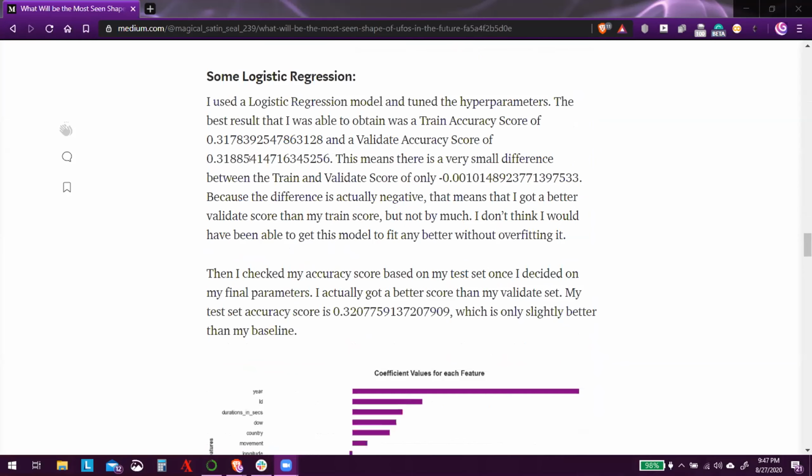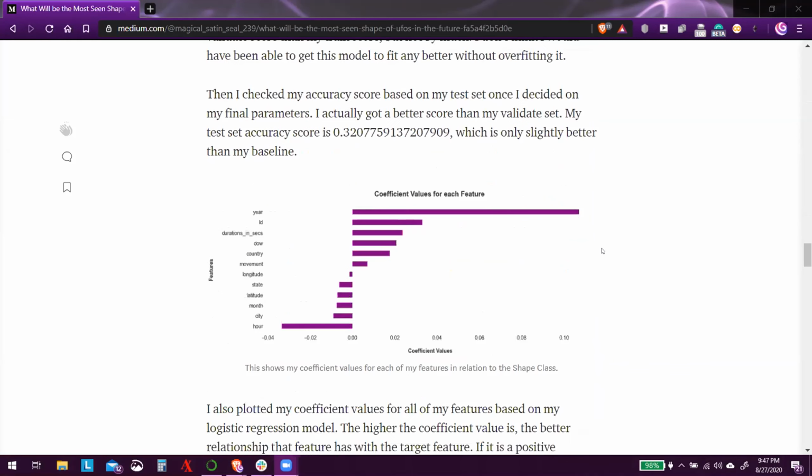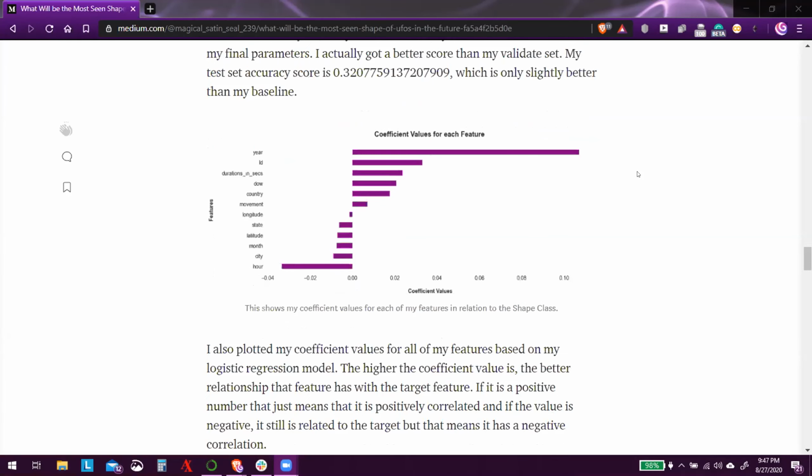And I got a train accuracy of 31.78% and a validation accuracy of 31.88%, which means my validation accuracy was actually better than my train accuracy. And then on my test set, once I decided on my hyperparameters, I ended up getting a 32.8% accuracy, which is slightly.